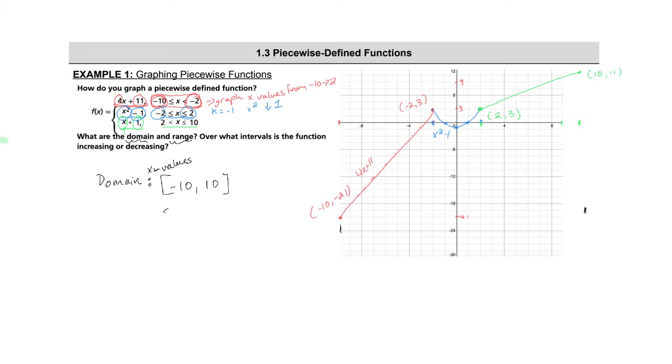If we wrote it in the other form, you could also write -10 is less than or equal to x, which is less than or equal to +10. And then our range is all y values. So our lowest point is -21 right here, and our highest point is 11.